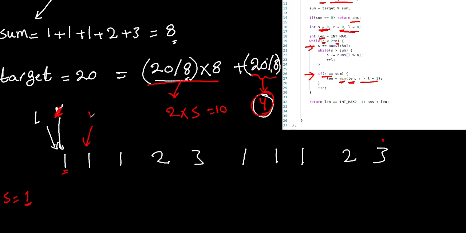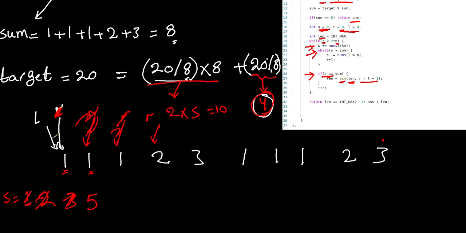Now the next iteration, s plus equals nums of r, which is 1, so s is 2. s is less than sum, so this condition doesn't apply, and then we move the right pointer. Then s is 3, and still it's less than 4, so we move the right pointer here. s plus 2 is 5, 3 plus 2 is 5. Now 5 is greater than sum, so here we iterate.